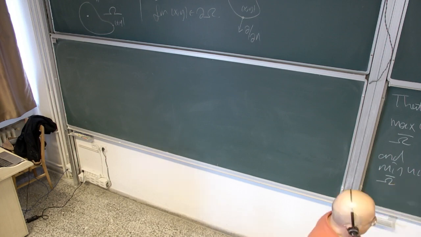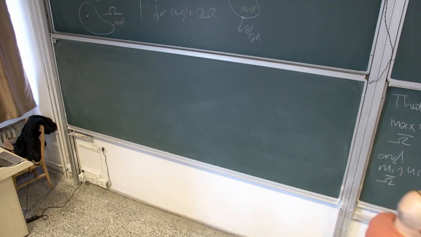İfadeyi biraz değiştirsem mi diye düşündüm de kitaptaki biraz farklı. On the compact. Yani closed and bounded. Onu gördünüz değil mi? Kompakt kümelerde.